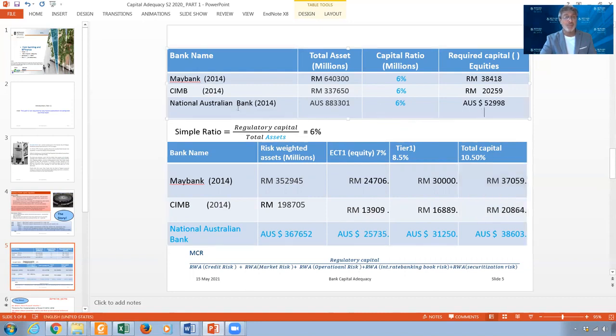And also, because it is a little bit higher here, National Australian Bank has dropped from 52 billion to 38 billion in the total capital. And this is only the equities, which means it gets a lot of benefit in saving the cost of capital, because the required capital for National Australian Bank has dropped dramatically.